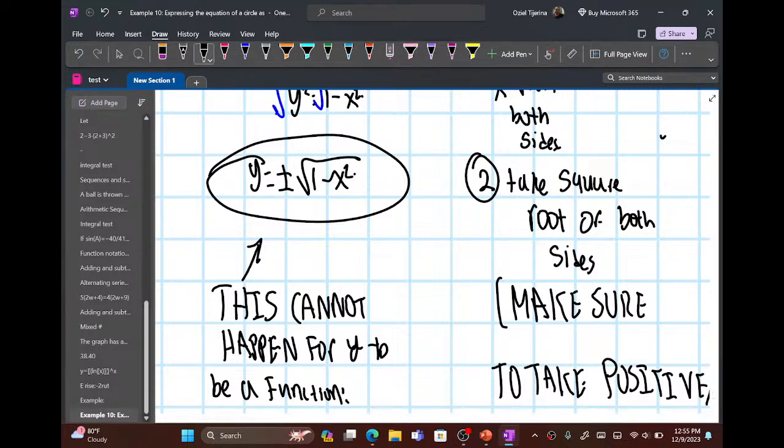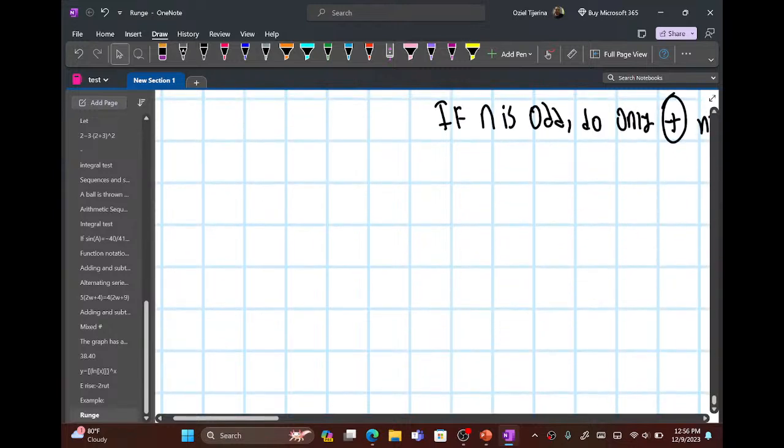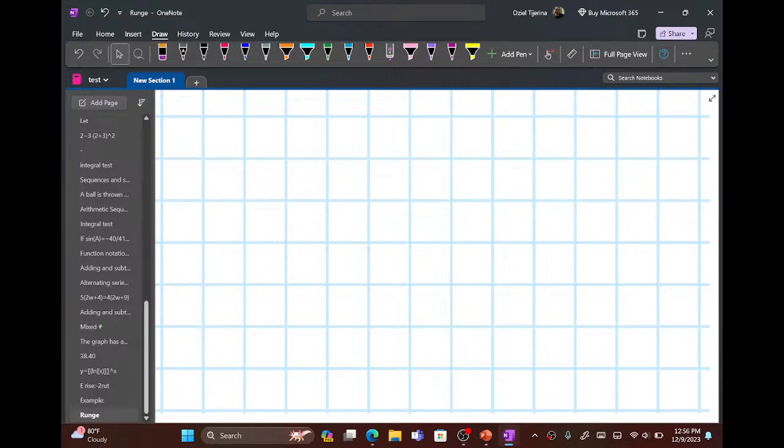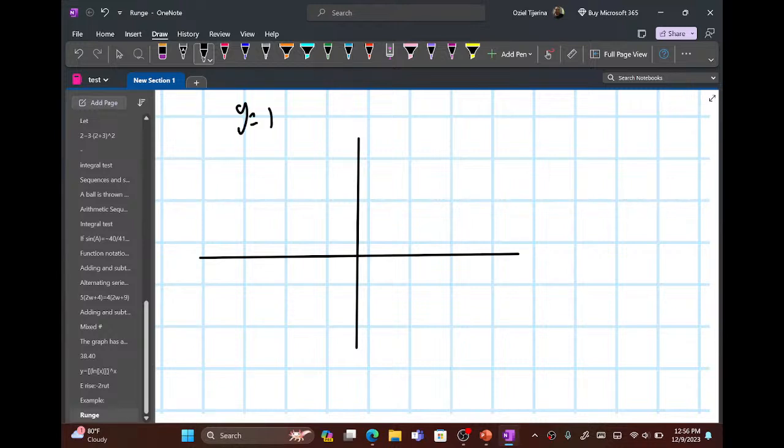If I graph y equals plus or minus the square root of 1 minus x squared, I'll do y equal to the positive square root first.